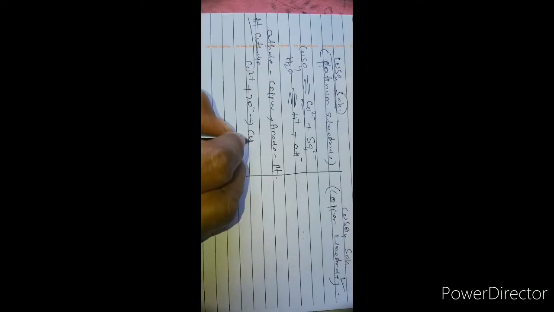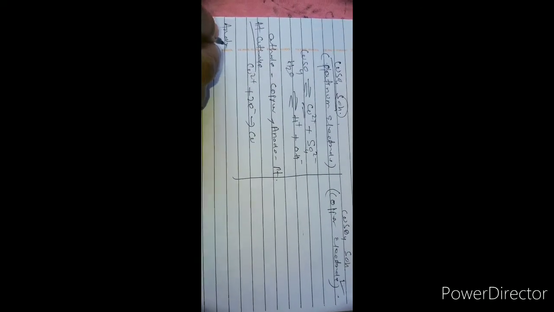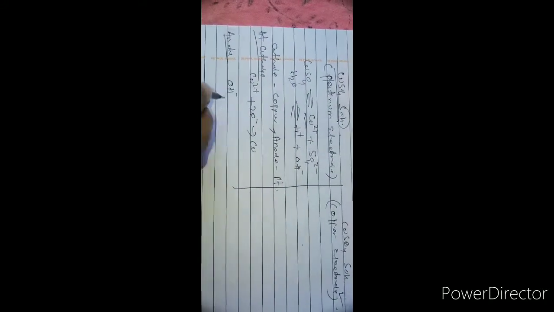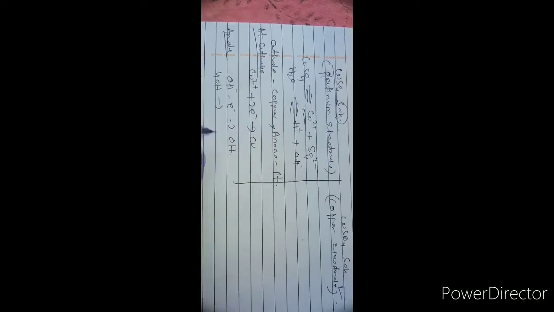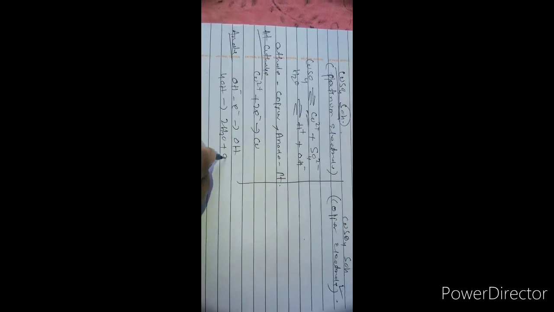So what will the reaction at the cathode be? Obviously Cu2 plus plus 2 electrons gives copper. And at the anode, OH minus loses an electron to give OH, and such OH will give rise to water and oxygen.